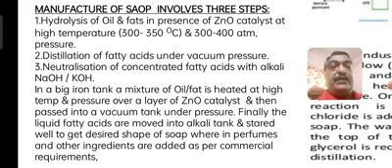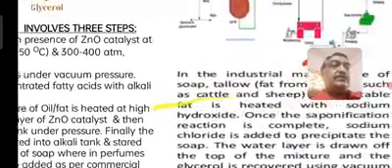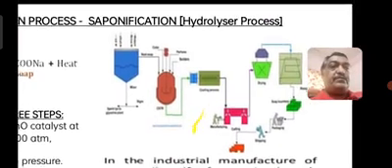Finally, the liquid fatty acids are moved into the alkali tank and stirred well to get the desired shape of soap, wherein perfumes and other ingredients are added as per commercial requirements. So, let us see a simple sketch of this.